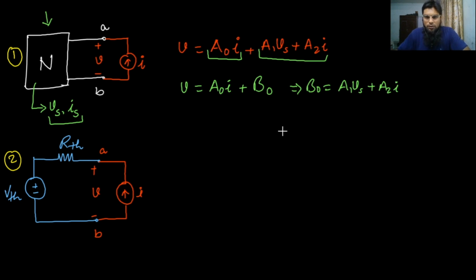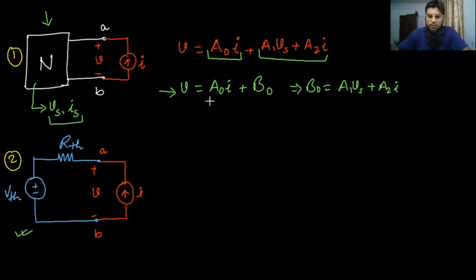Now our job is to find the voltage and current relationship in the second circuit. If it comes out similar, or identical, to this equation, we say these two circuits 1 and 2 are identical, which will prove Thevenin's theorem.